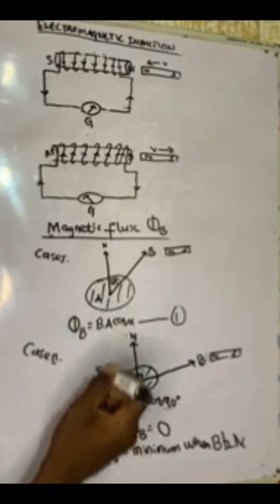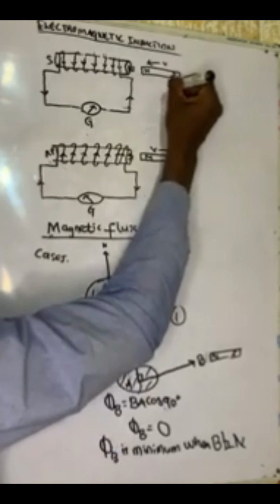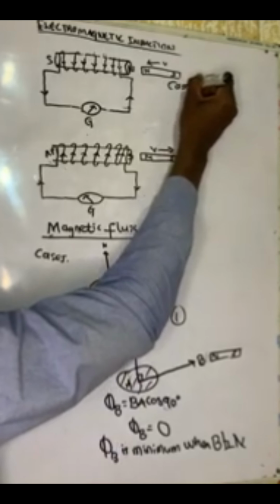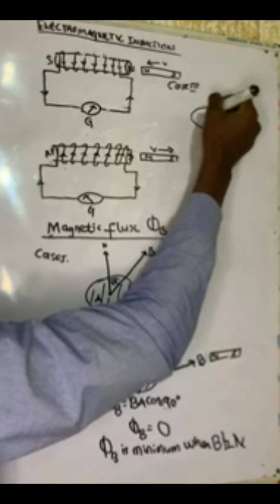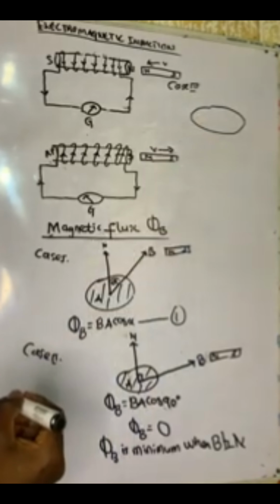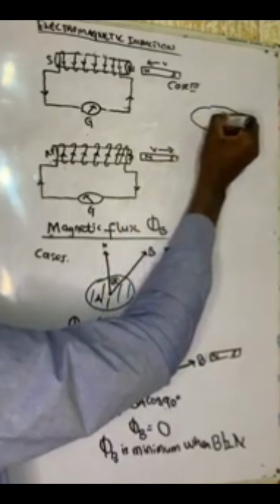Now let's consider our very last case, that is case 3. In our very last case, we still have our circular conductor with a normal.